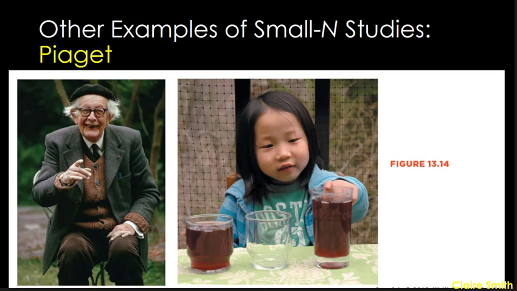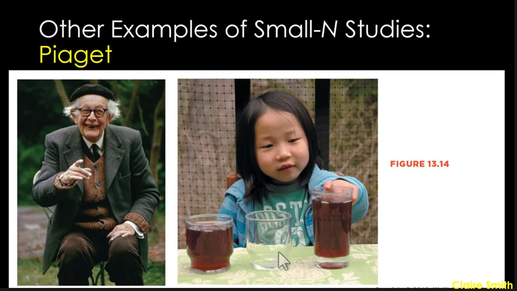All right, then some other examples of small n studies. Jean Piaget was a famous developmental psychologist you've probably heard of, really important in cognitive development in children. He came up with a lot of really interesting theories showing how children cognitively developed.